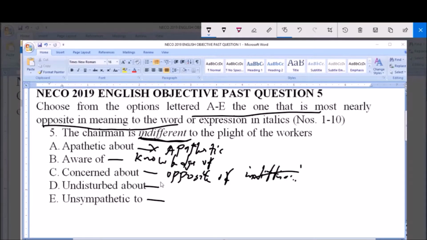Then when we say undisturbed about, it means not concerned.